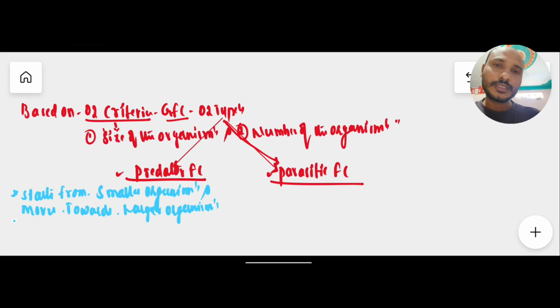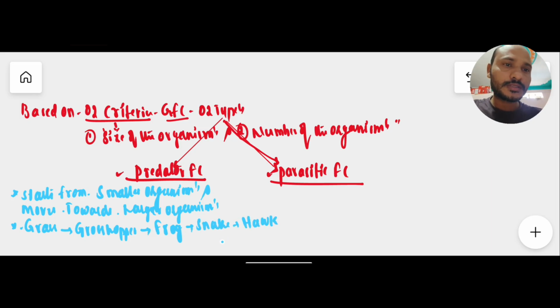For example, it starts with grass, and this grass is eaten by the grasshopper. See, we start with a small organism. Grass is small, then the grasshopper, and this grasshopper is eaten by the frog, and here the size increases, and the frog is eaten by the snake, and the snake is eaten by the hawk.